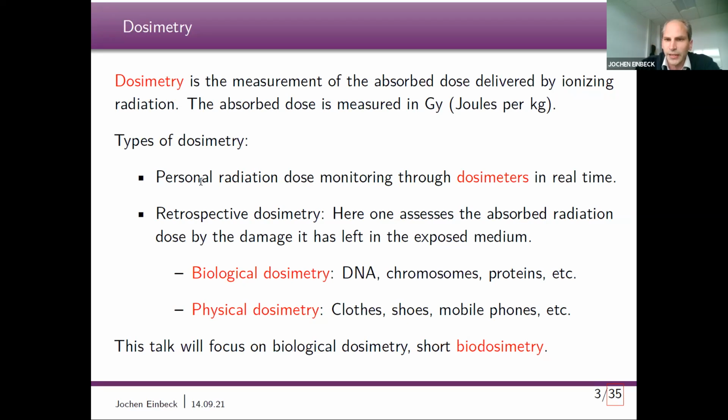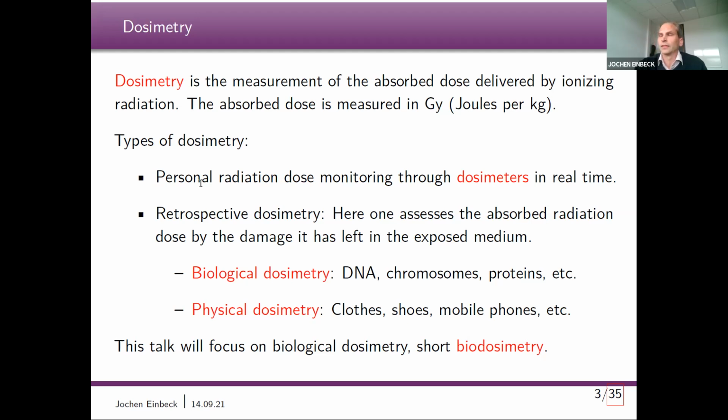There are personal dosimeters in use. If you think of people who work in a nuclear plant, for instance, they would usually wear a dosimeter, which would indicate in real time the radiation dose to which they are exposed. But of course, that's not always the case. If you think of members of the public, they usually don't wear a dosimeter.